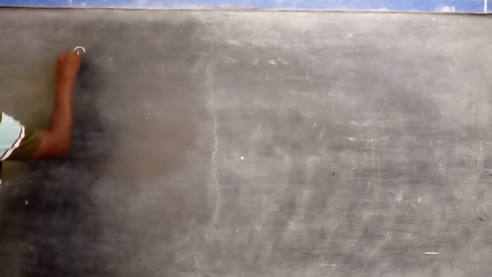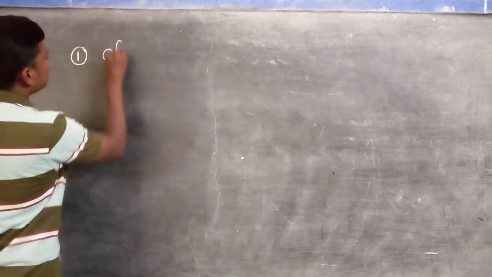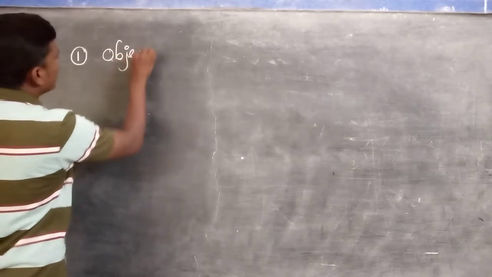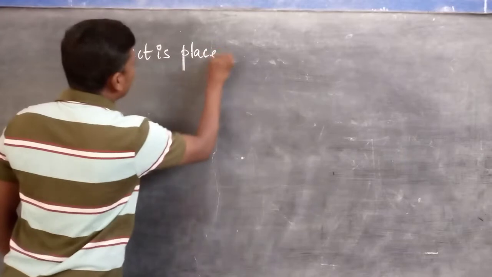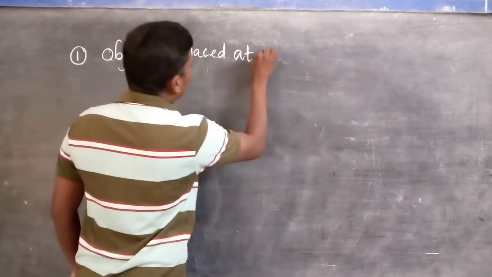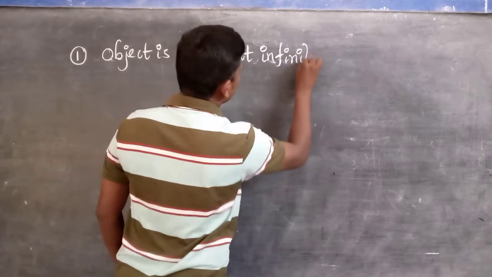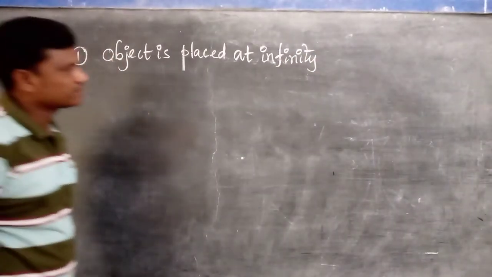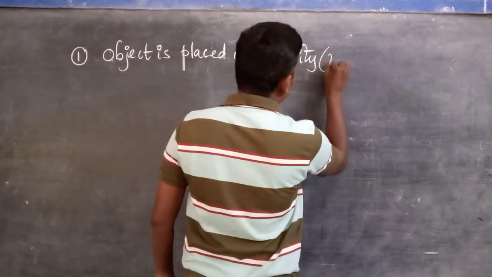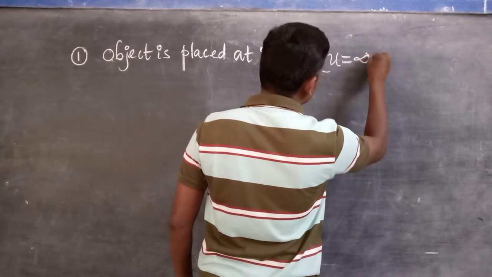The first case is: object is placed at infinity. So it is simply u equals infinity.